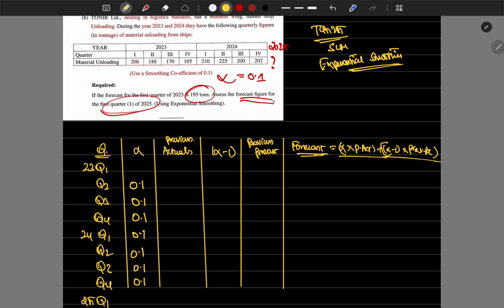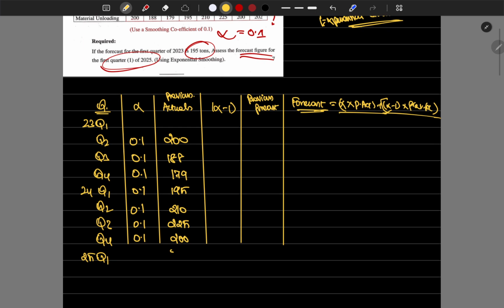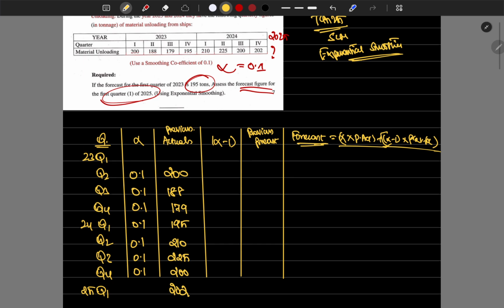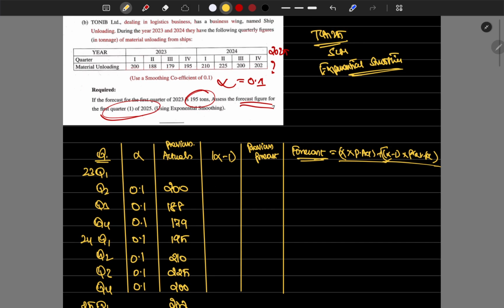What are the previous actuals? Quarter 1 is the previous actual for quarter 2. The actuals are 200, 188, 179, 195, 210, 225, 200, 202. Alpha minus 1 is 0.9.